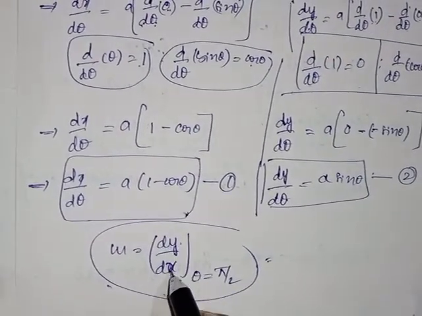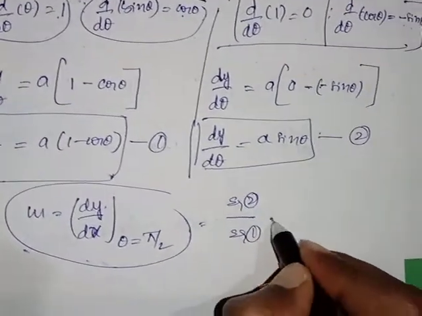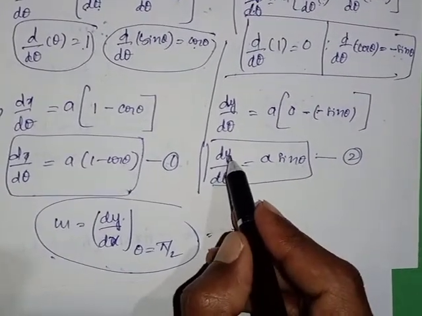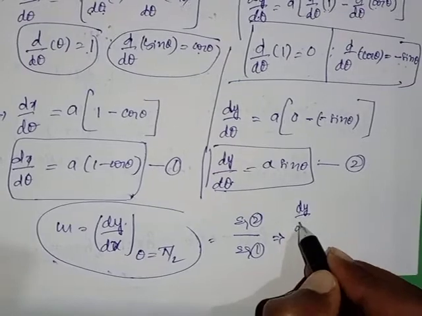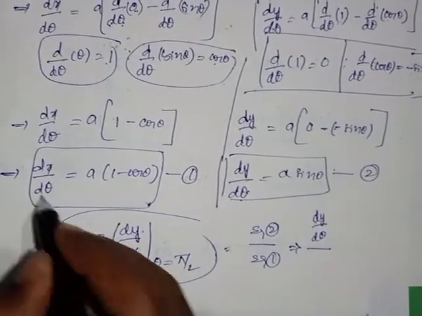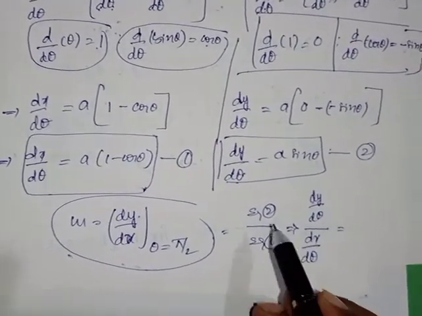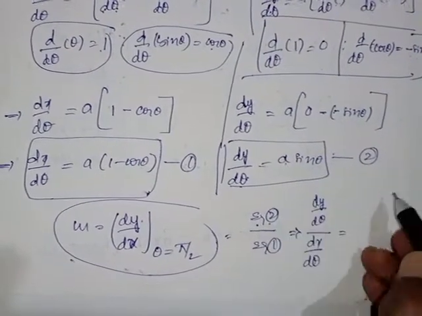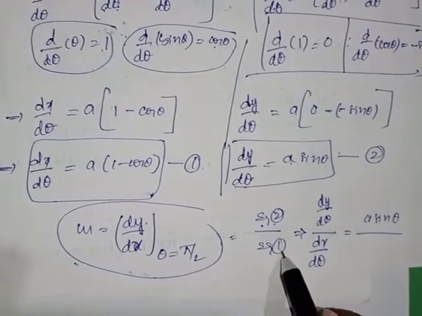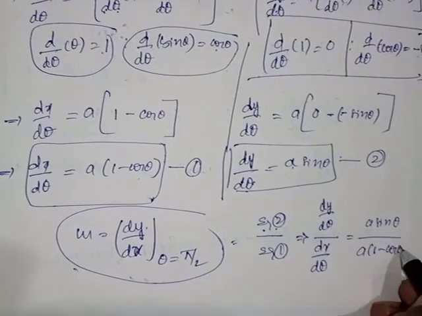So if you want to find dy/dx, take equation 2 by equation 1: dy/dθ upon dx/dθ is equal to a sin θ over a(1 − cos θ).